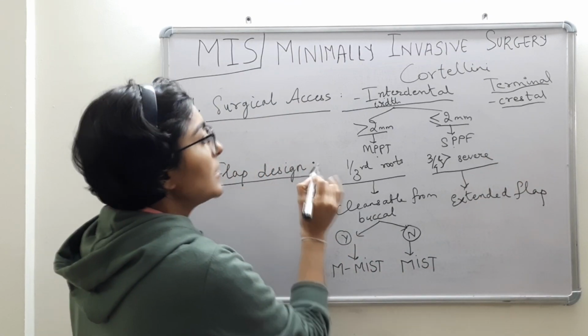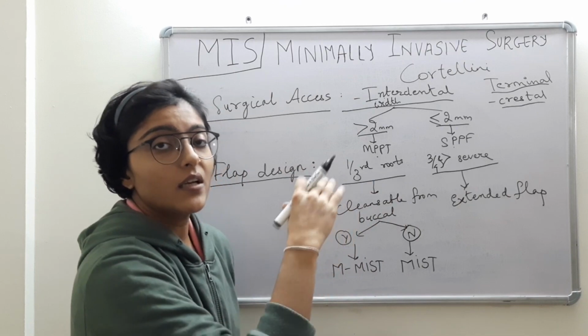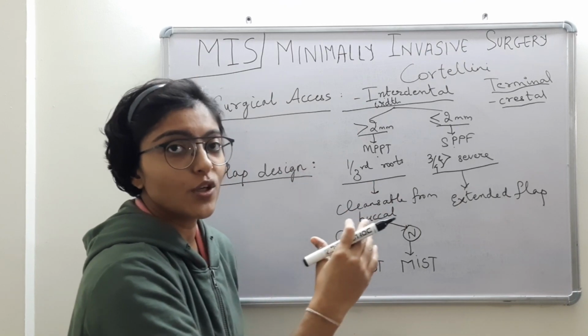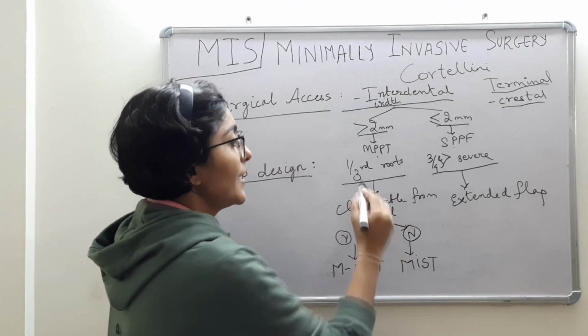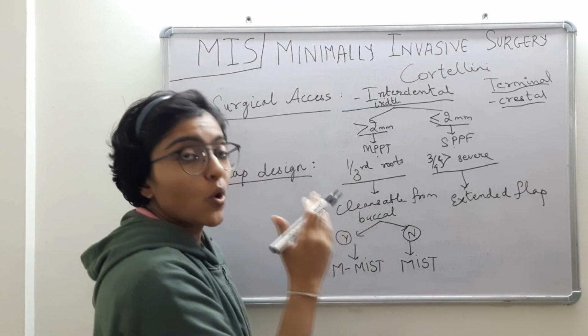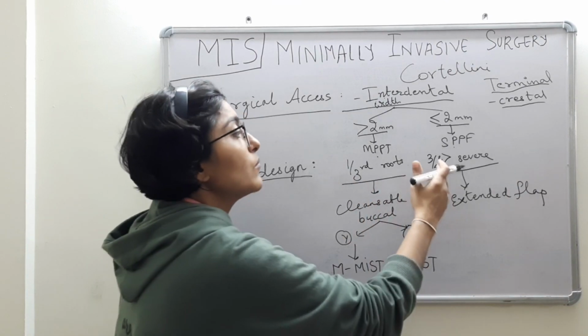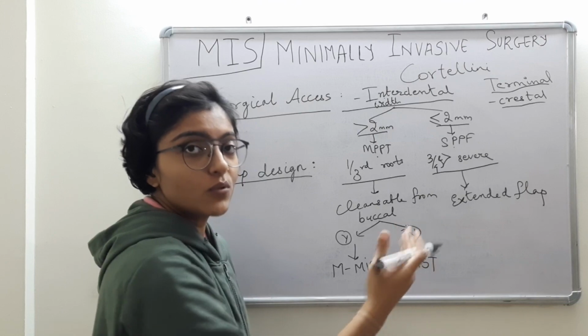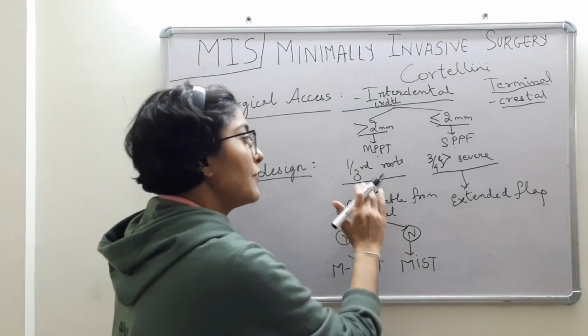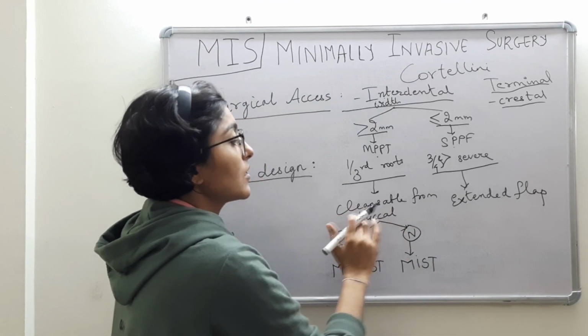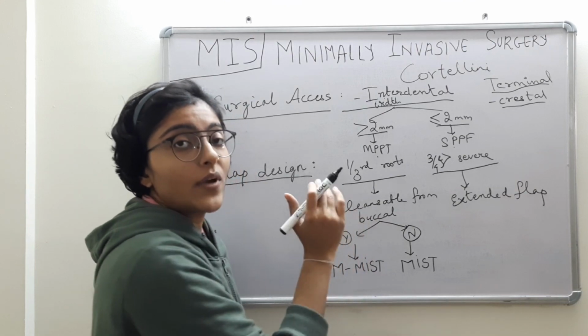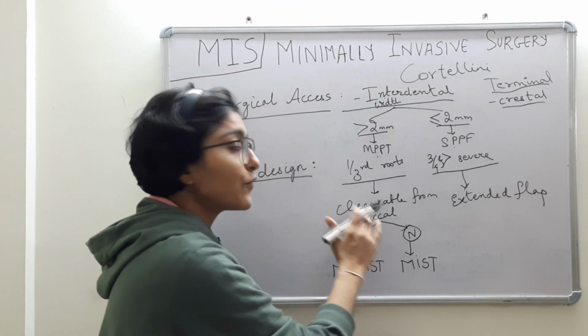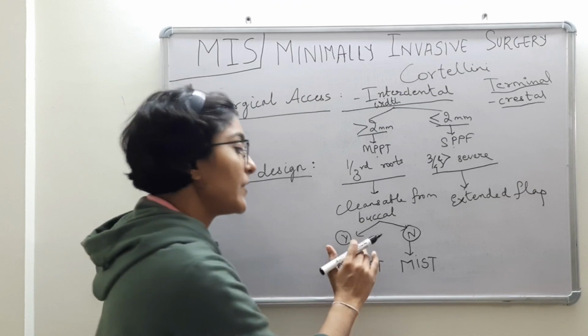Clear? Based on the flap design, we check the defect extension, the location of the defect. The two things. Extension, that is if it involves 1/3 of the roots or more than that, 3/4 of the roots and very severe one. If it is a tiny defect, the question is the location. Where is the defect located? Cleansable from buccal aspect or not?